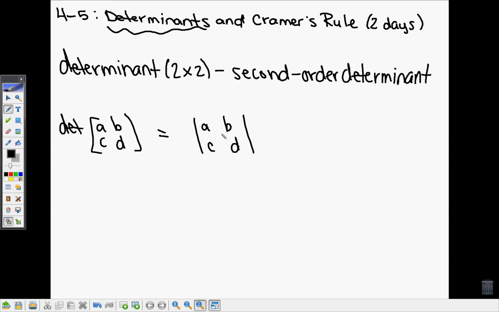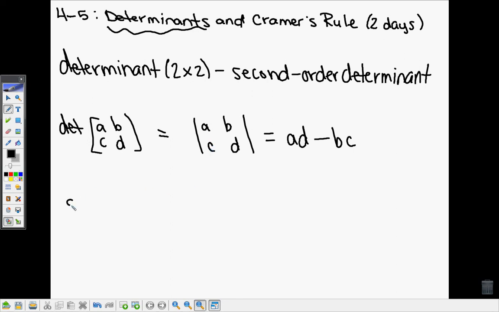So the determinant of the ABCD matrix is you take A times D minus B times C. And that's it. So you're going to take this times this minus this times this, and you'll get an answer.